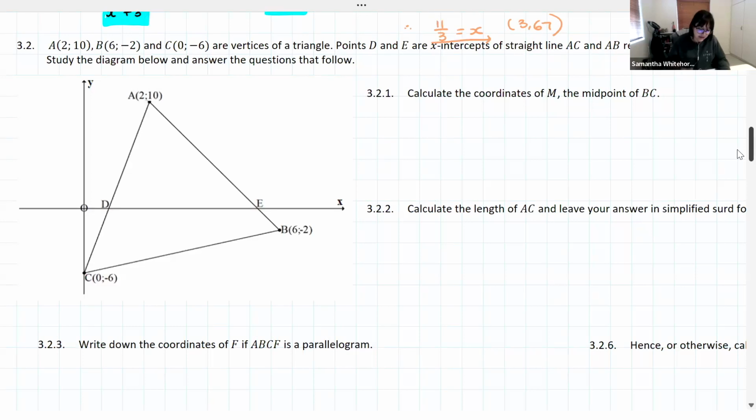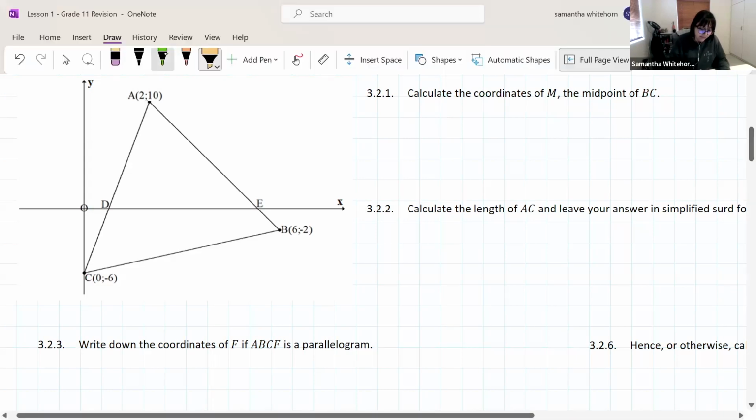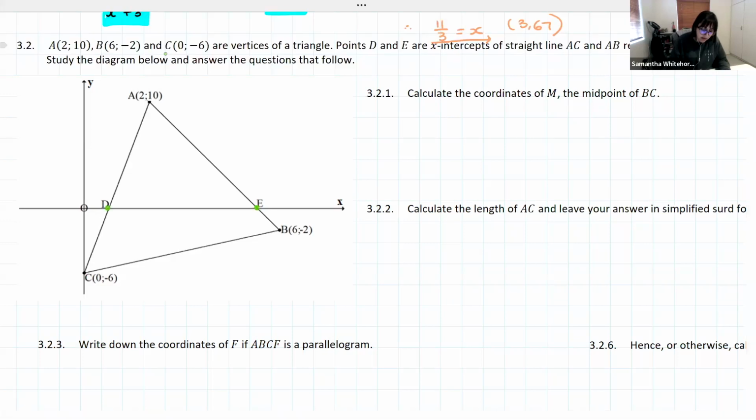All right, so if we just understand everything, we've been given the coordinates, that's all labeled for me. And then it said D and E are the x-intercepts. We can see that quite clearly on the diagram. They're on the x-axis. Can anyone tell me which coordinate is 0 for the x-intercepts?